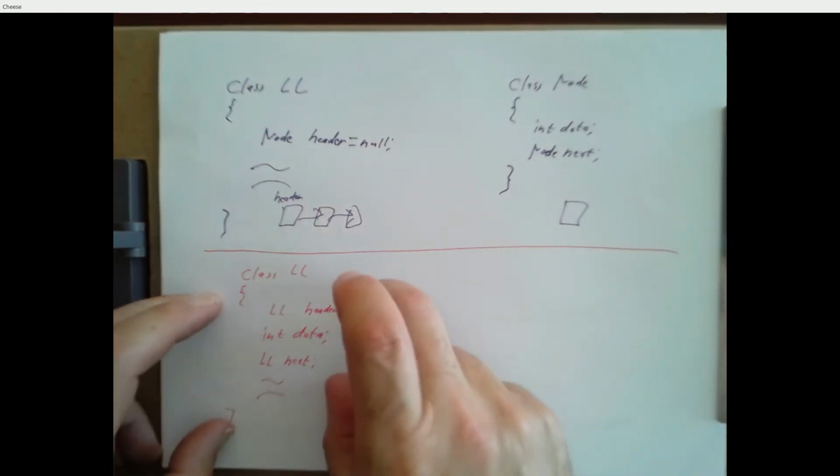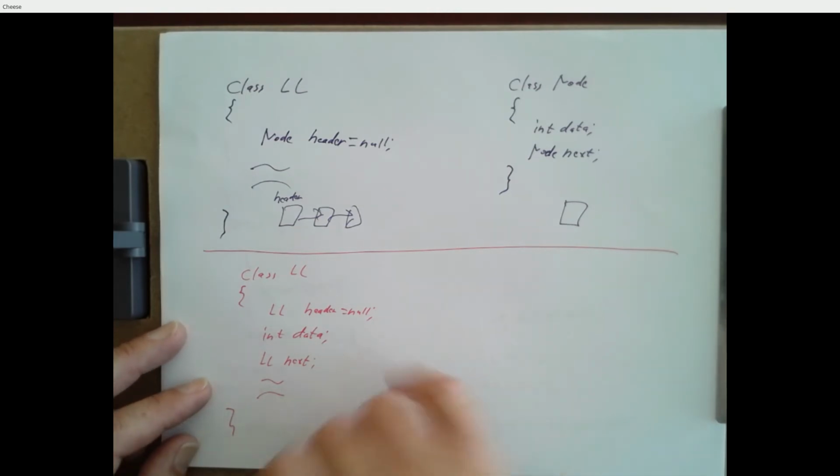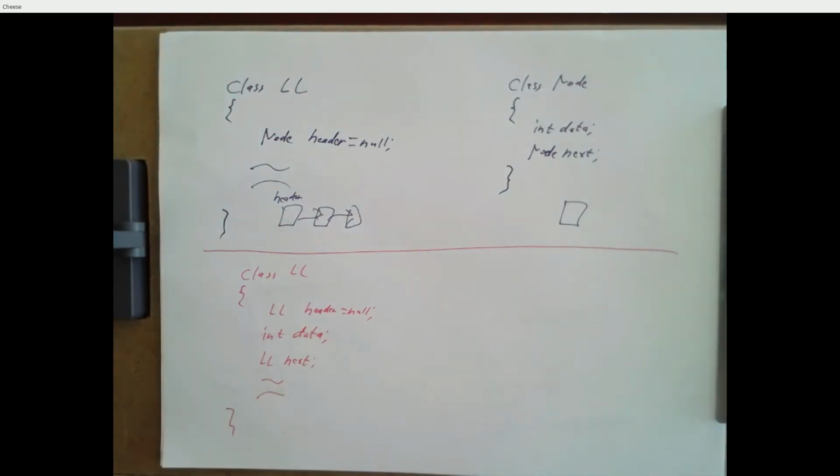What you're doing when you have this is you're making each node a little linked list in itself that has a header and has some methods for doing insert and delete and so on and so forth. And it's kind of missing the idea that the linked list is comprised of these nodes, right? And we'd like the node to just be this thing that has a piece of data and a pointer to another node. And the list is a collection of those with some code for traversing and searching and so on and so forth, right?